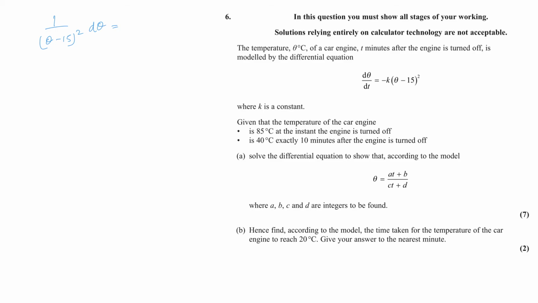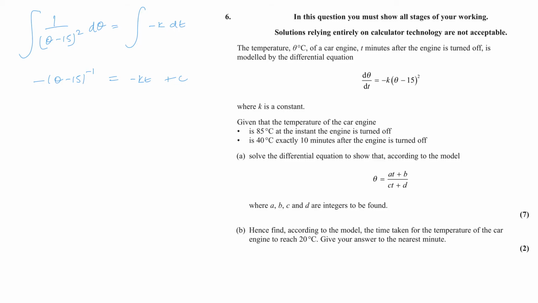And then on the right, I got minus k dt. So I'll integrate the right first, so it's minus kt. And integrating the left, we've got (theta minus 15) to the minus 2, add 1 to the power, minus 1, divide by the power. So that's what we've got here, plus c. So obviously just have one constant there.